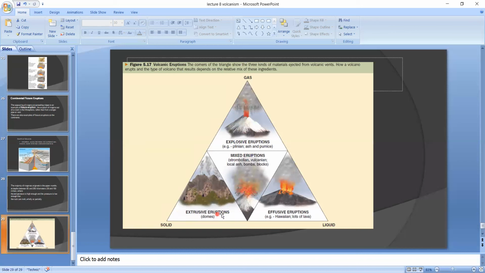And if these are extrusive eruptions, like in the form of domes, it's solid type material eruption. And you can also find a major eruption on some volcanoes, where you can find the eruption of gases, liquid, and solid. And it's the most typical case of strato or composite volcanoes. So we discussed the types of volcanoes in this lecture.